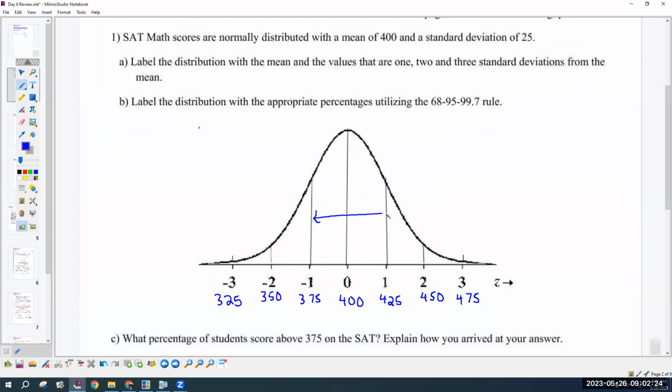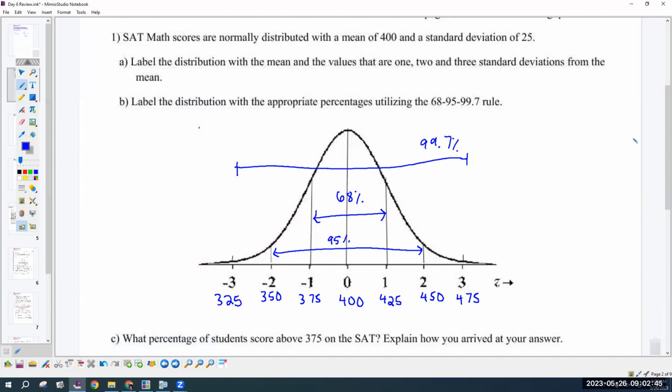We know that from here to here is approximately 68%. We know between -2 and 2 standard deviations is approximately 95%. And we know from -3 to +3 standard deviations should be 99.7%.